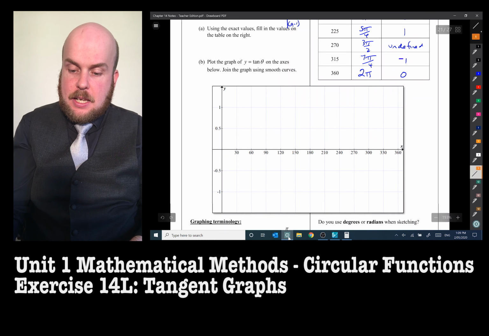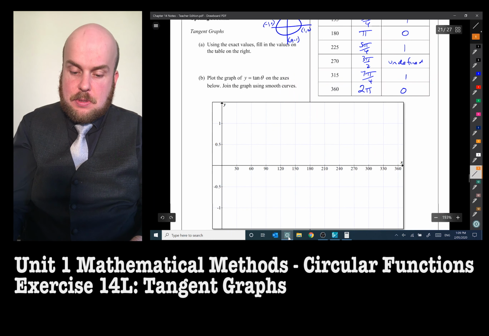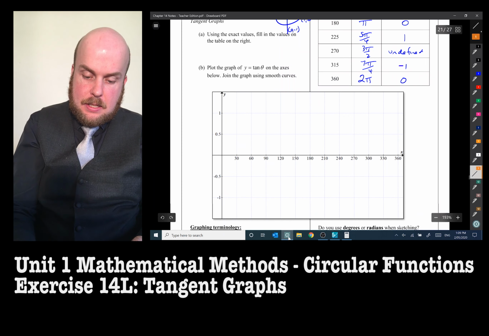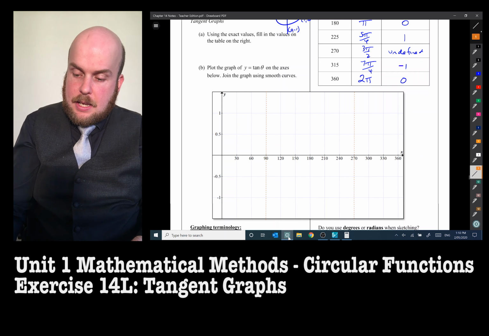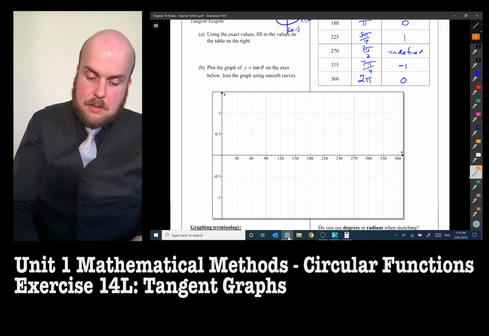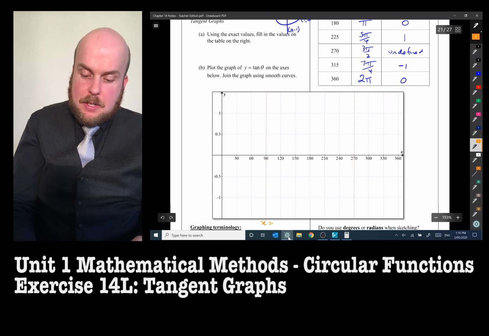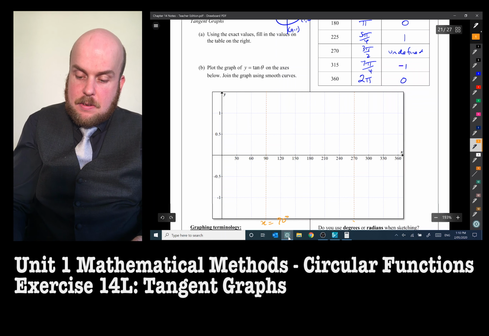So may as well start with our asymptotes. At 90 and at 270. And again, like all good labeling, we label these asymptotes: x equals 90 degrees, x equals 270 degrees.